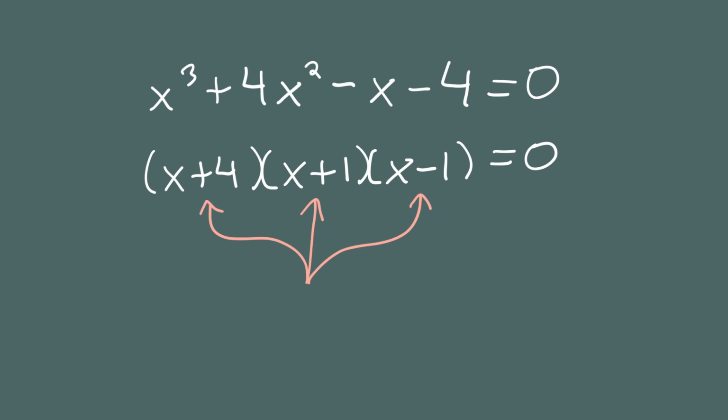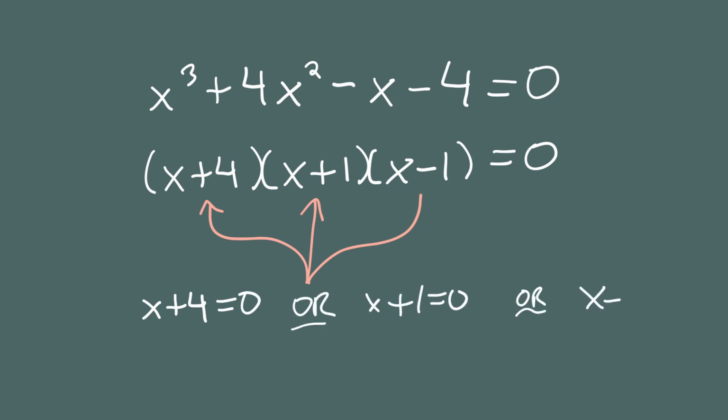And this relies on the fact that if you multiply a bunch of real numbers together, or even a bunch of complex numbers together, if their product is 0, then one of those numbers has to be 0. So we're going to repeat what we did earlier: either x + 4 is 0, or x + 1 is 0, or x - 1 is 0.